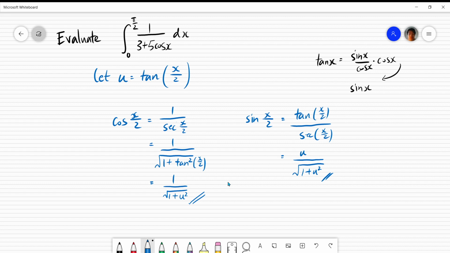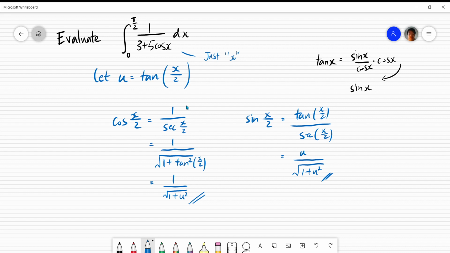Well, you'll notice in our original problem we have cosine of just x.